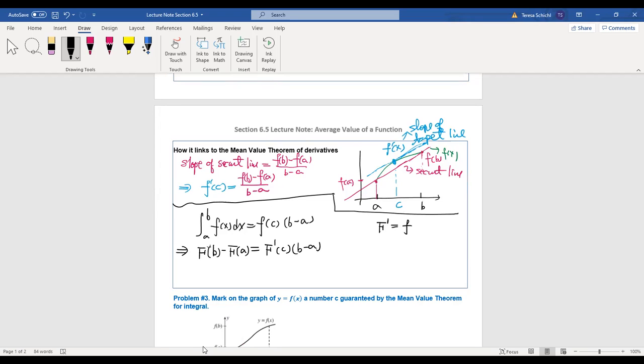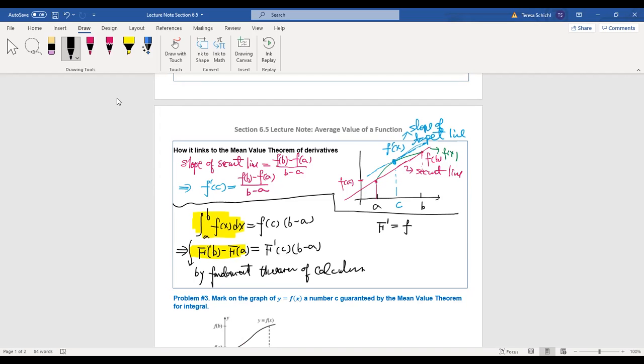So from here to here, the reason why this one is equal to this one is by the fundamental theorem of calculus, right?